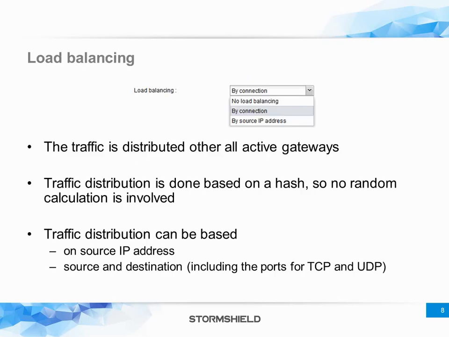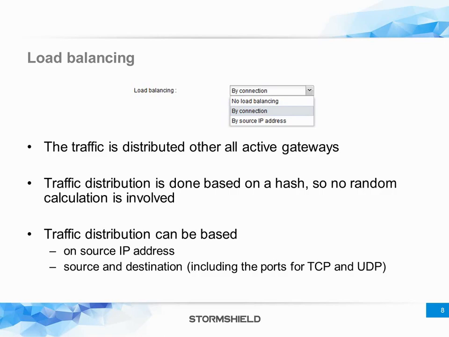Now let's see the load balancing policy. The next field allows you to enable load balancing and to choose which type of load balancing will be used. So once you enable load balancing, the traffic will be distributed among all active gateways. This traffic distribution is done based on a hash, so there is absolutely no random here.